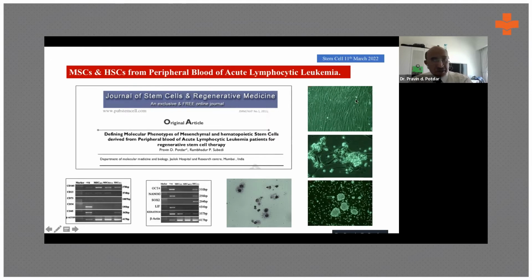These are mesenchymal stem cells, and these are hematopoietic stem cells. Nobody knows that hematopoietic stem cells are generated from mesenchymal stem cells, but that was clearly seen in this area. These cells are generating hematopoietic stem cells, and the growth is very excessive.